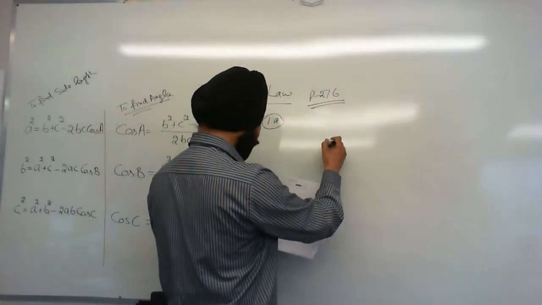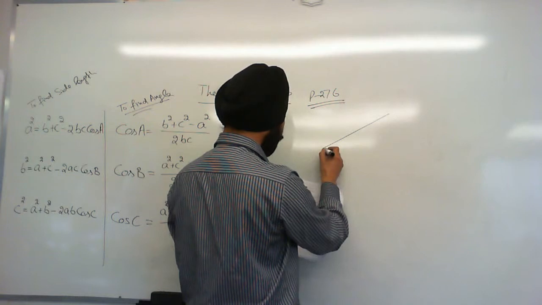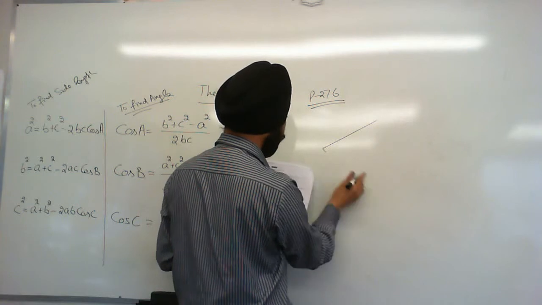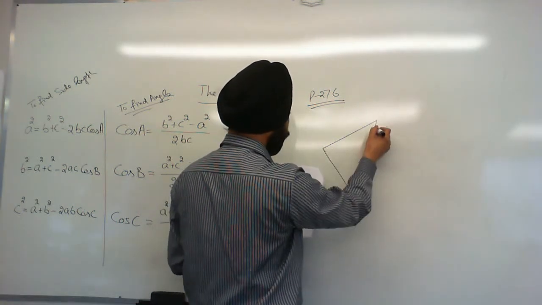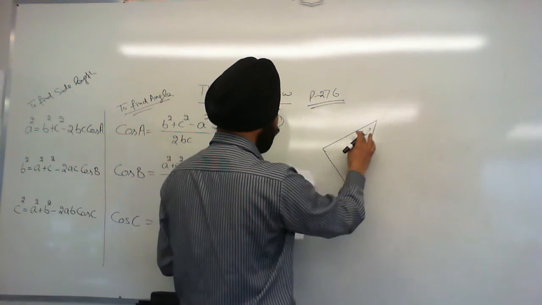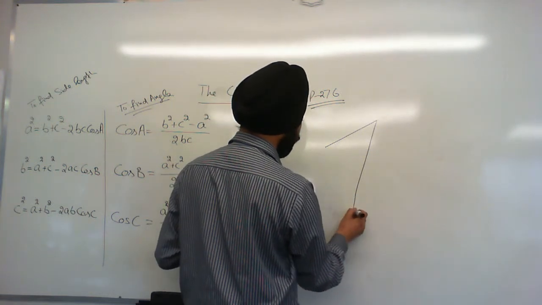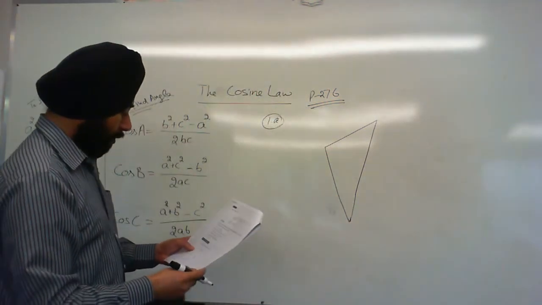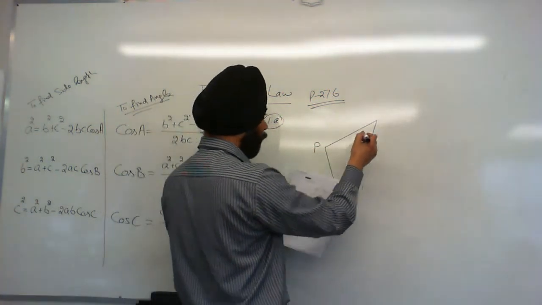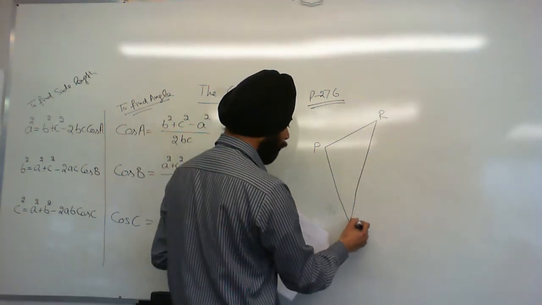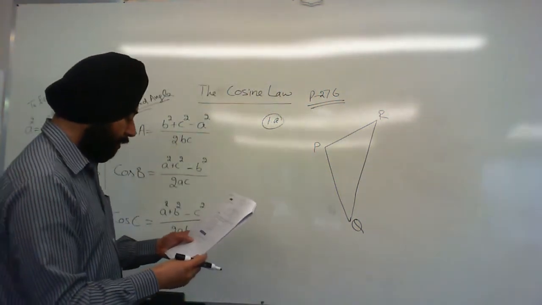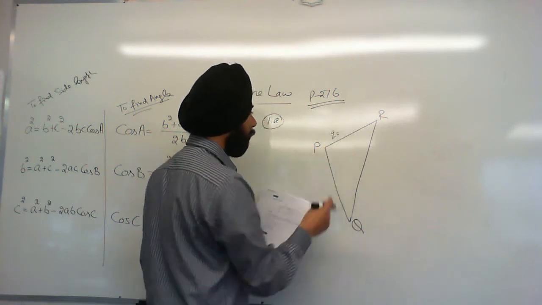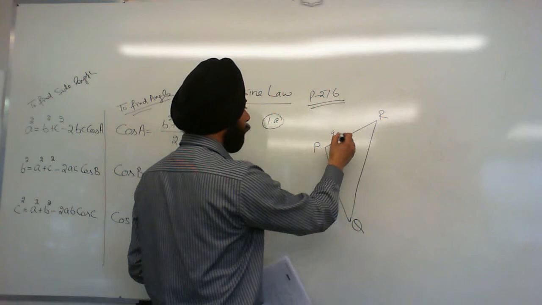Triangle is given like this. This is angle P, this is angle R, this is angle Q. This side, if this is angle Q, will be small q, and this is 4.3 kilometers.